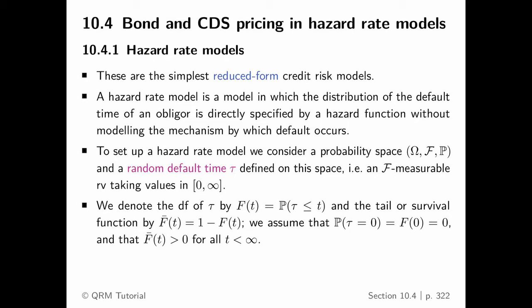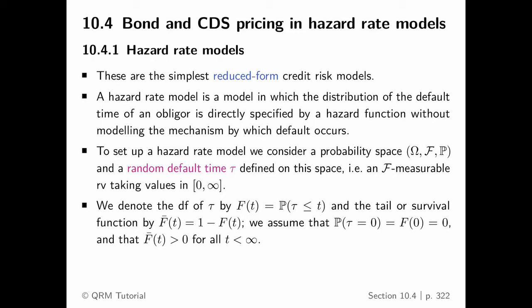Is there some additional assumption if I think there is a 50% probability that the company will never default? Can that be included? That can be included. It would simply mean that the survival function will for every t be bigger than 0.5. Mathematically you could include that in these models.